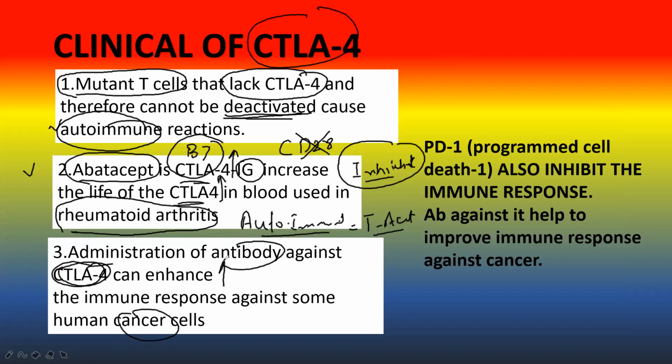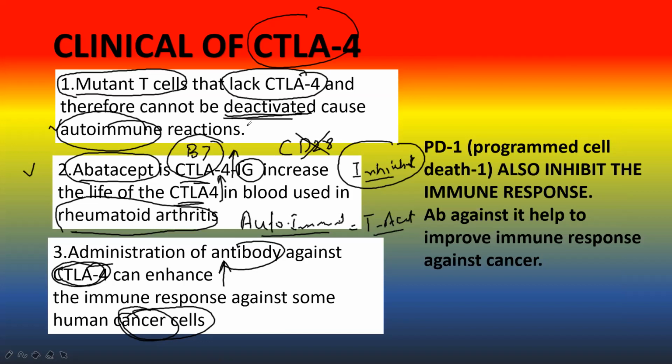The immune system becomes more active against cancer cells. So antibody against CTLA4 helps us to remove some cancer cells from our body. These are the three clinical uses of CTLA4. Clear?